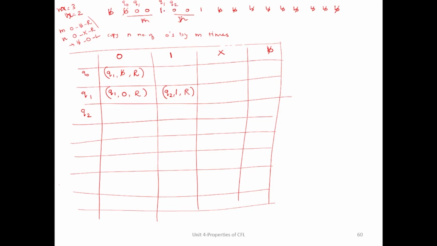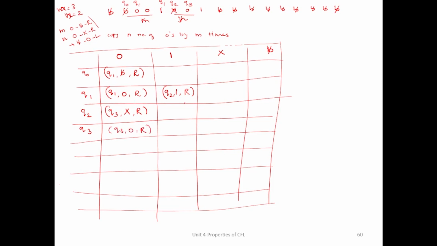So the nth 0 should be replaced as x. I want to change the symbol to x, and we should move to the right direction with a new state called Q3. Now the next cell will read the symbol 0 with the current state Q3. Don't change the state, only move to the right direction.